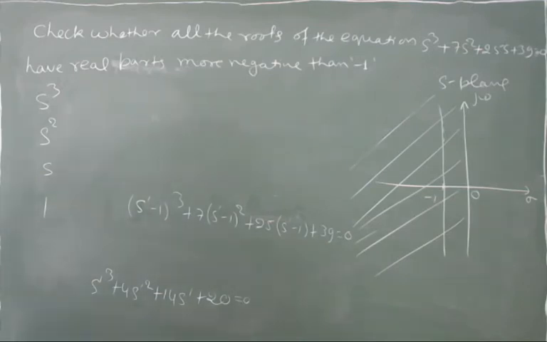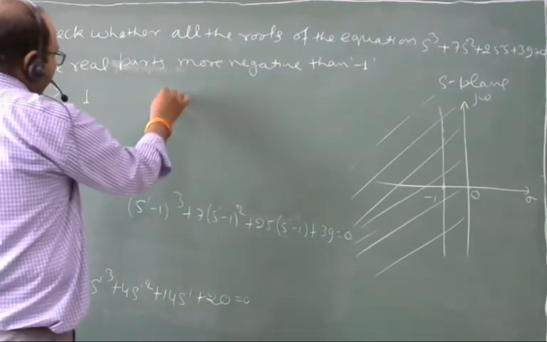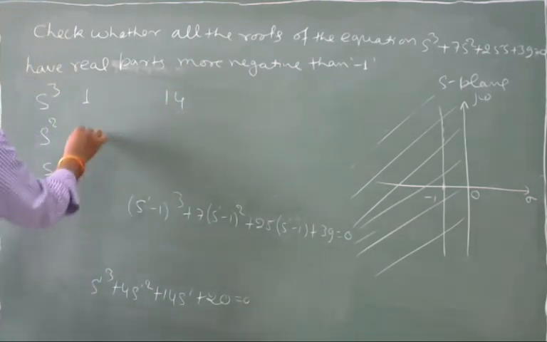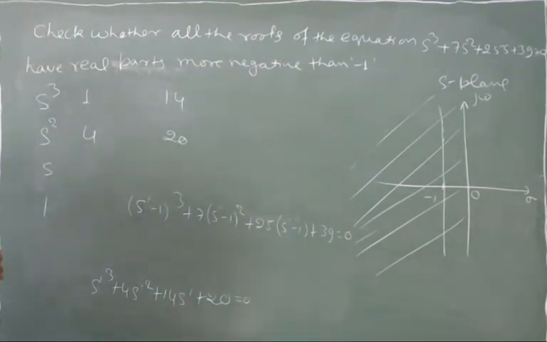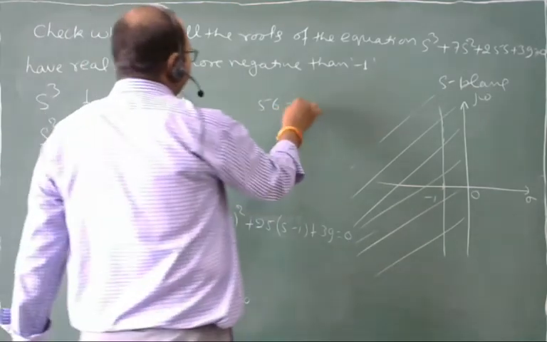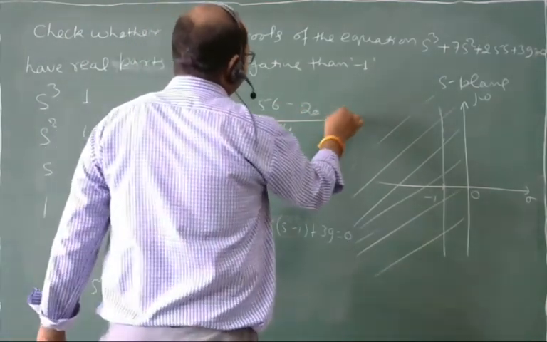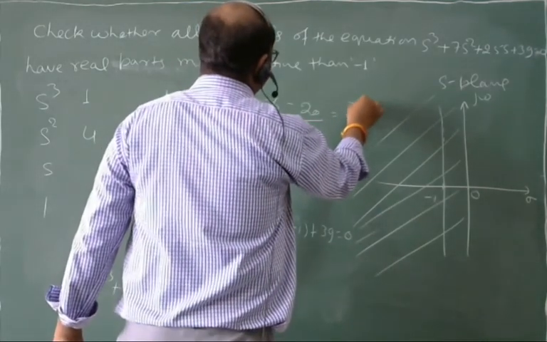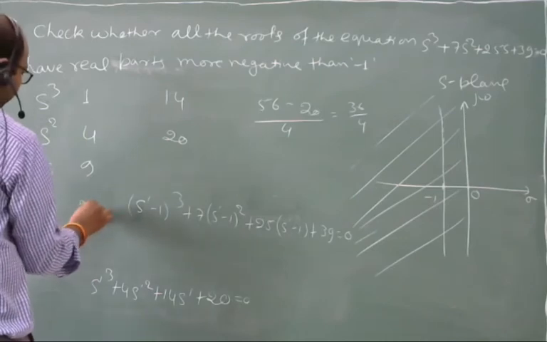Right? Now again make the Routh table. Coefficients are 1 and 14, then 4 and 20, then 56 minus 20 divided by 4. This will be 36 by 4, which is 9, and here 20.